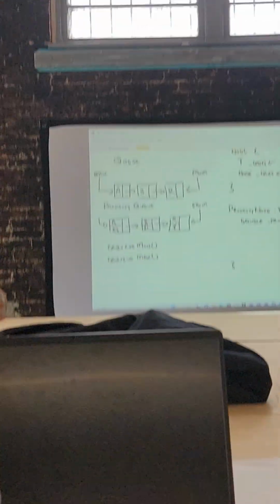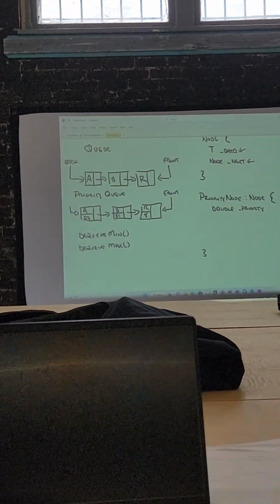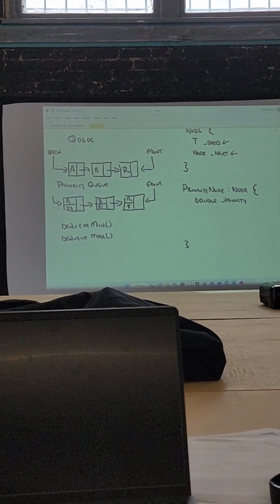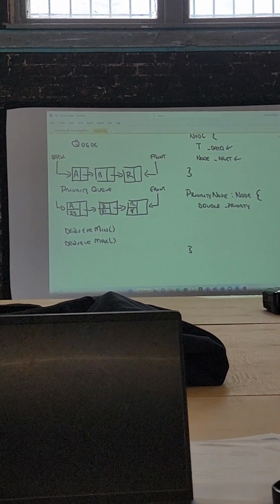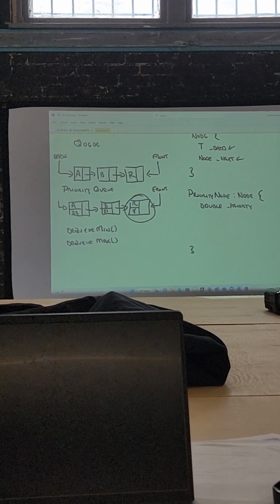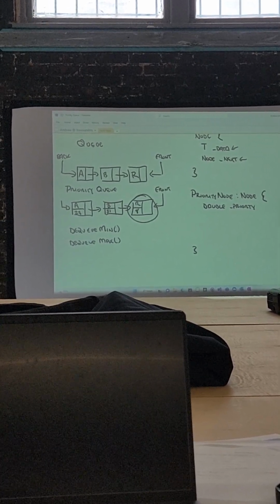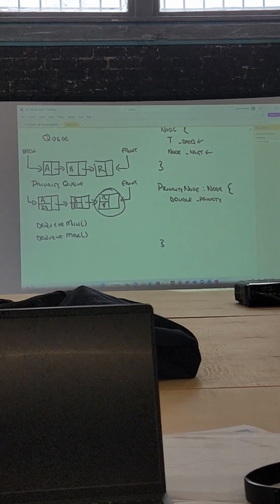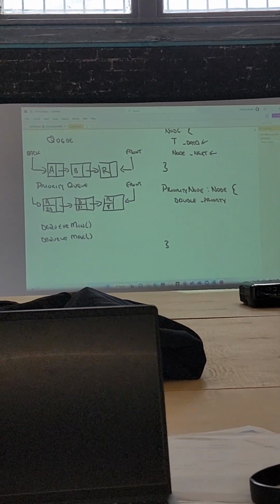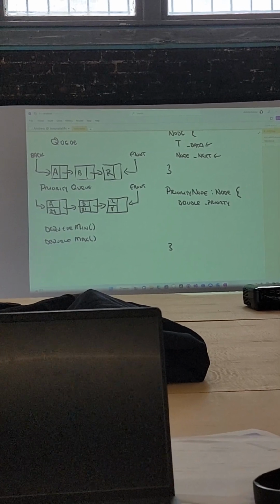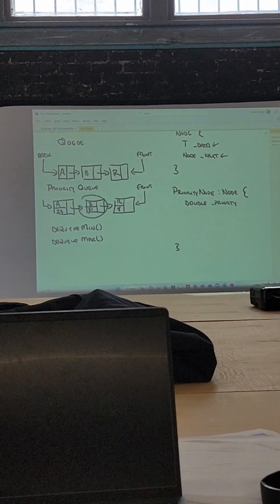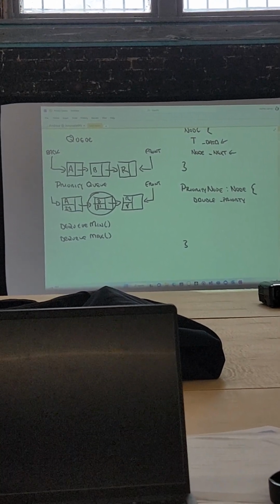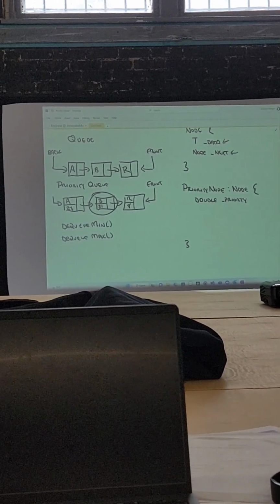DQ min finds the element with the smallest priority and removes it from the queue. So if I call DQ min on this priority queue, it should return this node's data, R, because its priority is the smallest in the structure. If I call DQ max on my priority queue, it should return B. Okay? Because B is the node that has the largest value.